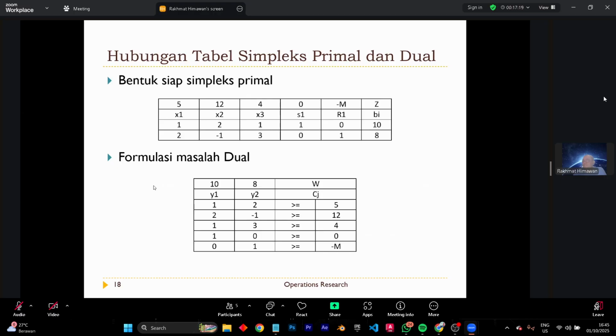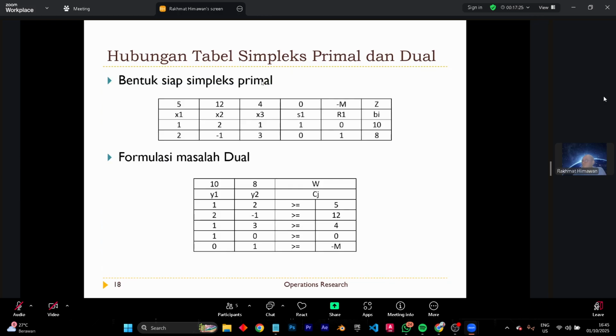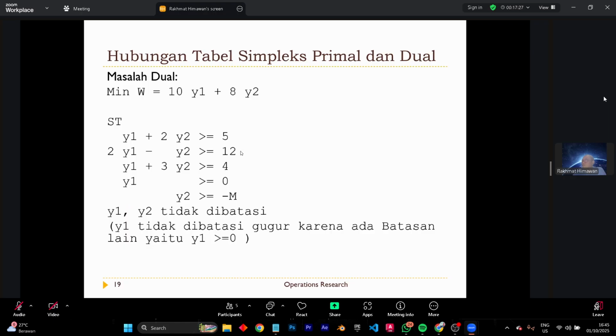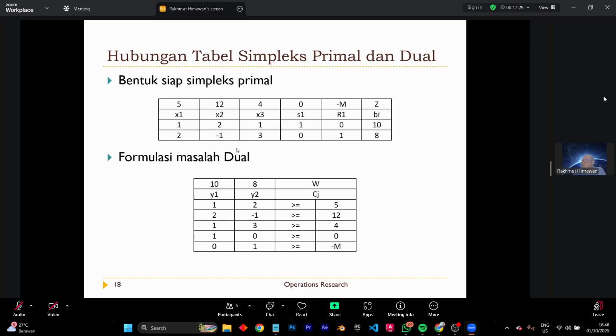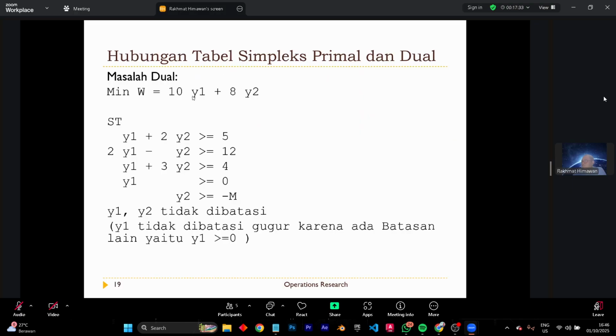What changes? The coefficients in the right hand side of the primal will become the coefficients of the objective function, and the constraint is the same.